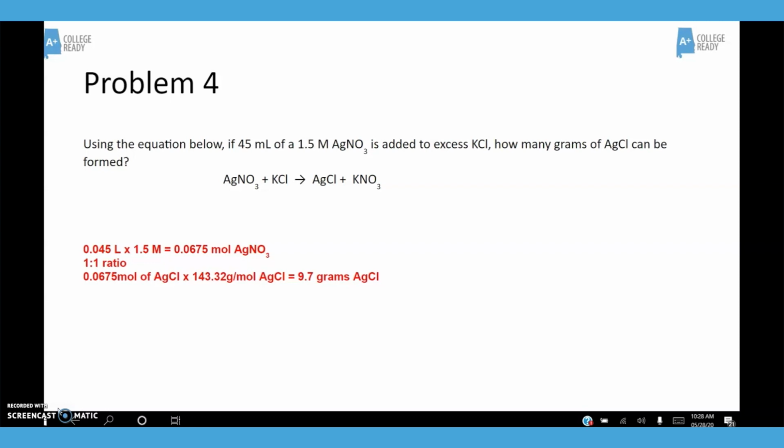Now, with that wording, excess KCl, have them identify and recognize that silver nitrate is the only reactant that would be our limiting reactant, and you can bring up that terminology again. Then, of course, if the ratio is 1:1, the moles will be the same. So the moles of your silver nitrate are equal to the moles of your silver chloride. And then you just multiply by the molar mass of the silver chloride to get the 9.7 grams of your product, silver chloride.